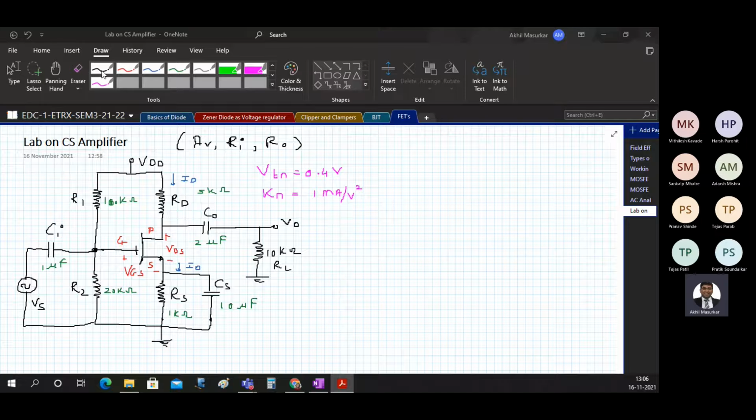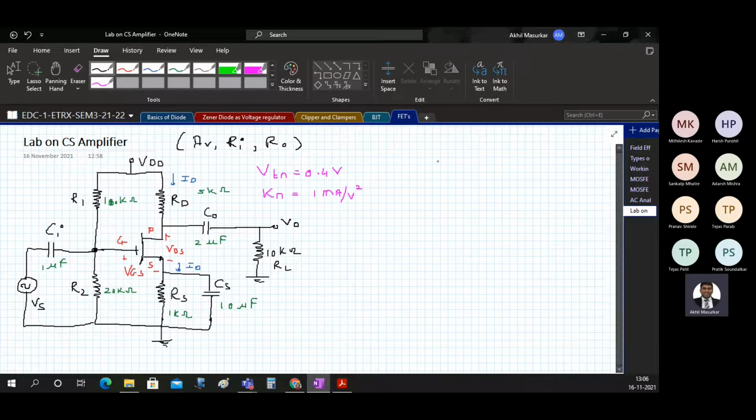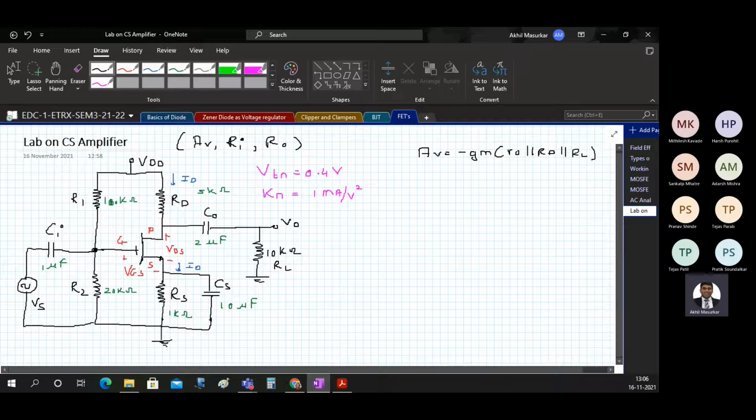So if you recollect, the formula for AV was minus Gm R0 parallel to Rd parallel to RL. Now here lambda is not given.